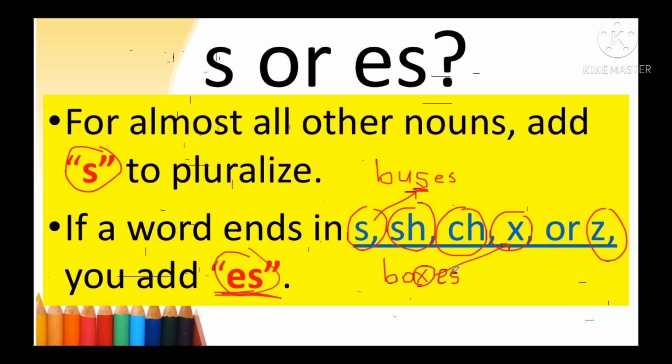Alright? So, the main clue here is you need to see if the word ends in S, SH, CH, X, or Z, then you can add ES. If not, then almost all other nouns just add S. Alright?